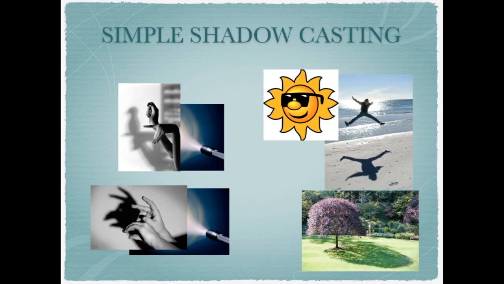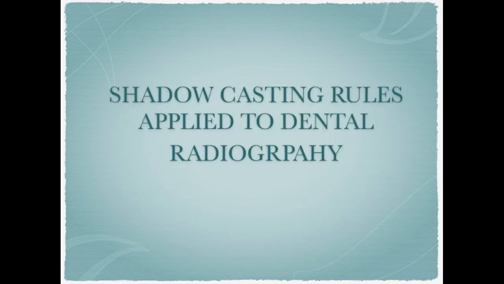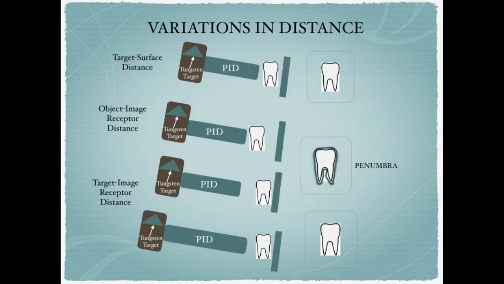So we can use this same principle in dental radiography. Let's see how shadow casting rules apply to dental radiography. One of them is a variation in distance, and we have variations from a few areas.